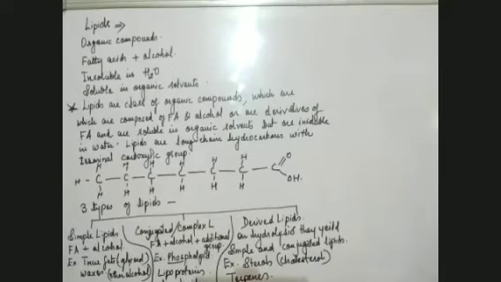And when we have a lipid which on hydrolysis gives you both simple and conjugated lipids, we call it a derived lipid, and sterols are those. That means cholesterol is a type of derived lipid. When cholesterol is broken down or its hydrolysis takes place, it gives you simple lipids as well as conjugated lipids.